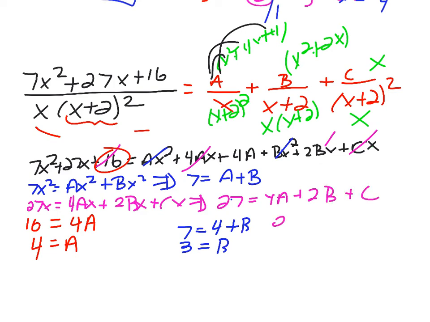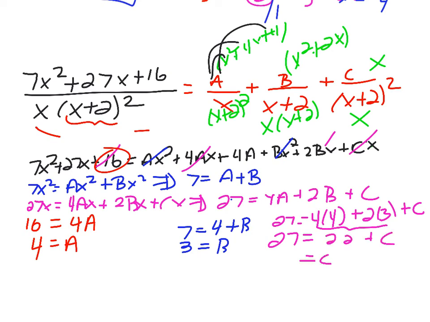So 27 is equal to 4 times 4 plus 2 times 3 plus c. So this is 27 is equal to 16 plus 6, which is 22, plus c. Minus 22 from both sides, we get c is equal to 5.